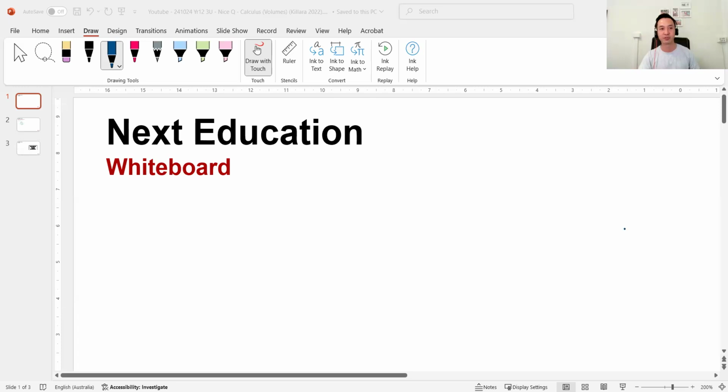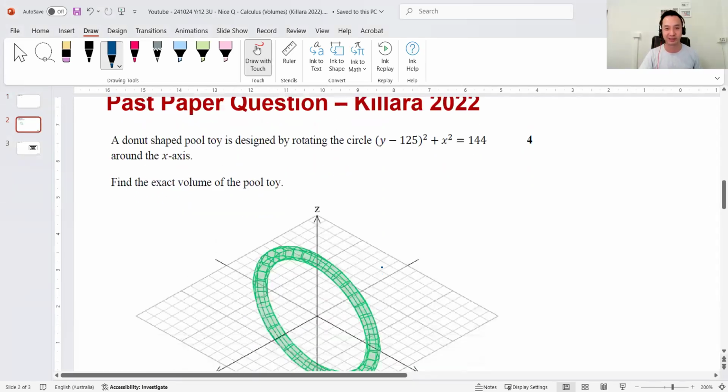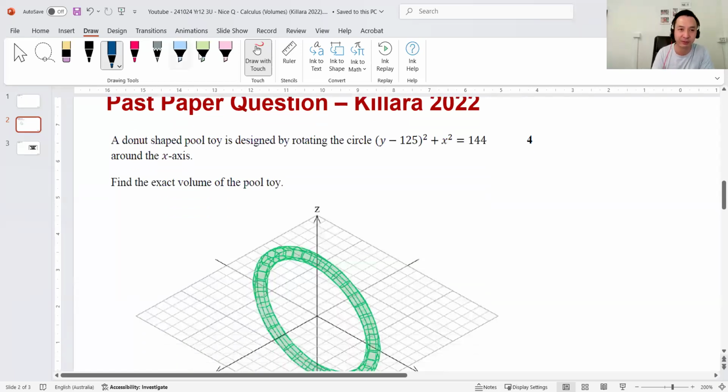All right. Now this question, look at it. It is quite spectacular, right? 4 marks in the Killara Extension 1 paper. A donut-shaped pool toy is designed by rotating this circle around the x-axis. Find the volume.